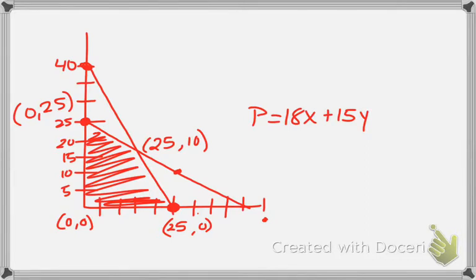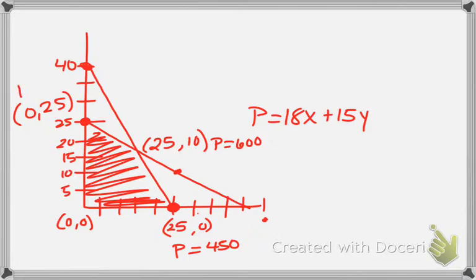So now let's figure out our p-values for each of those. So you guys are going to make me walk back here and get my calculator. 25 times 18 for the 25, 10. Here I get a p of 450. Now I'm going to do the point of intersection. 18 times 25 plus 15 times 10 gets me a p of 600.